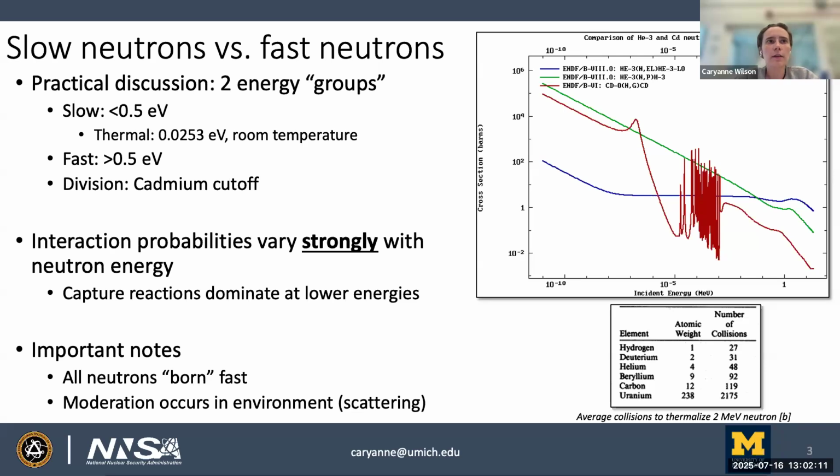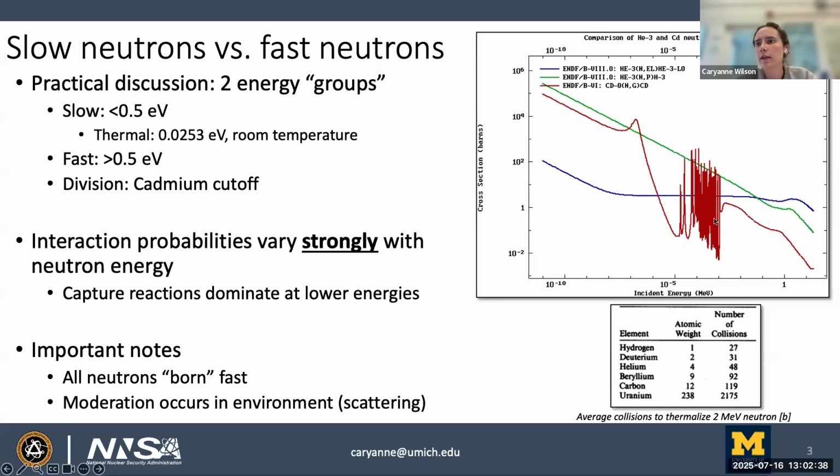A lot of times we'll also talk about thermal neutrons, which is about 0.025 electron volts. This is like room temperature, or when the neutron is in thermal equilibrium with the room. When we talk about fast neutrons, we're talking about neutrons greater than 0.5 electron volts. This division is called the cadmium cutoff.